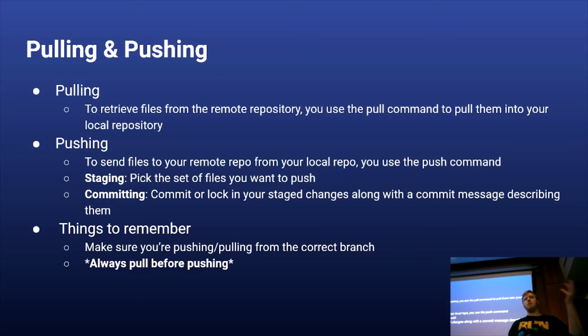They're going to push those changes to the project. Person B wants to make changes too, but they need whatever person A did. So they're going to pull those changes onto their local project and merge them in. It should automatically do this. And then once they've pulled those changes, they make their changes, and they can then push back up to the remote repo.